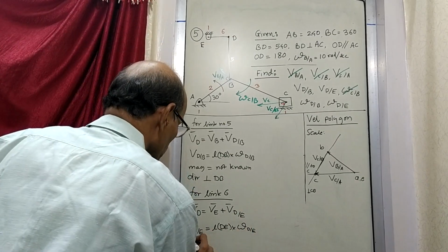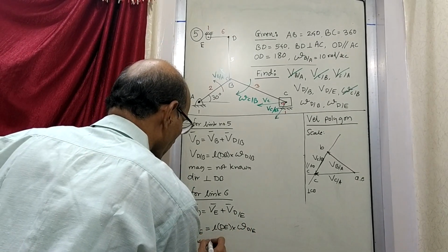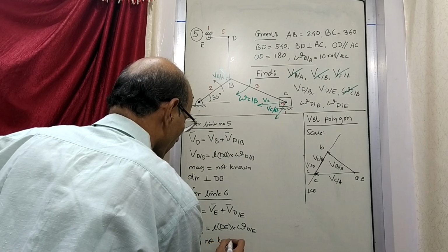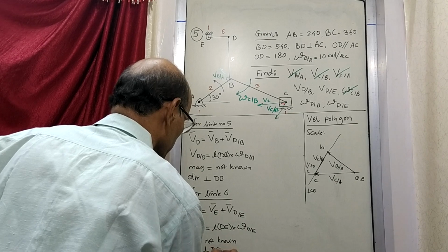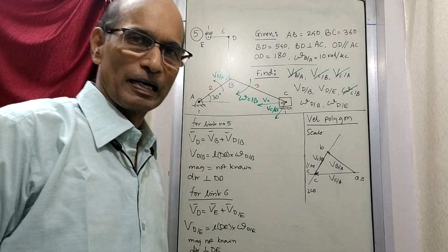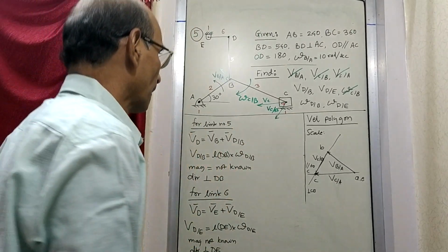And now again you will say that magnitude is not known and direction is perpendicular to DE. So you will find that we are writing almost the same thing again and again.